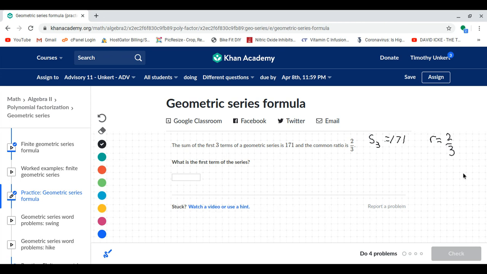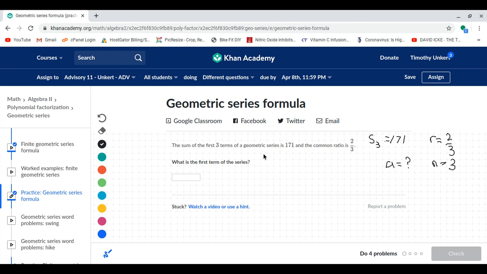Okay, and then we don't know what A is. But we also know that our n, our number of terms, is 3.